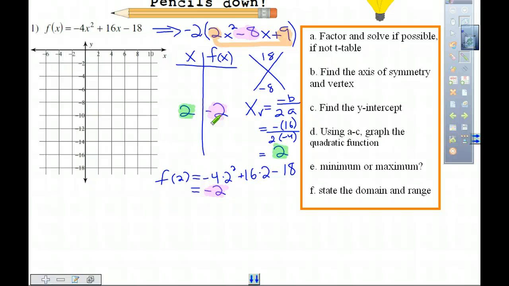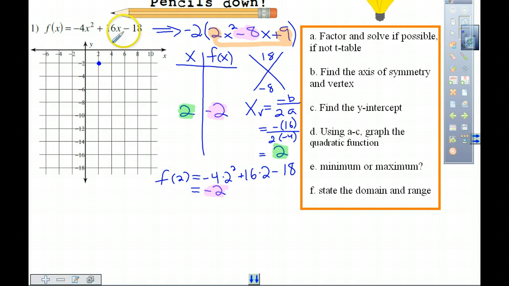Now let's go ahead and graph that one point. 2, negative 2. Now is this opening up or opening down? Going down, right? Negative 4, down. So this is the top, this is the max, which means it does not cross the x-axis. It has no solutions. This is a no solution graph. What is step C? What's the y-intercept?